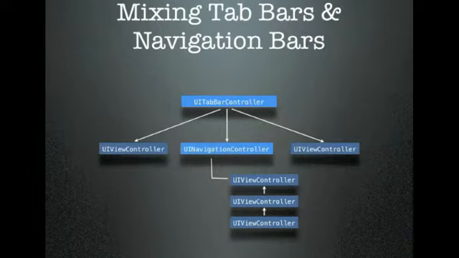A lot of people, it's very common actually, mix tab bar controllers and navigation controllers. And if you do it incorrectly, you'll get some quirky behaviors. This is the intended way of nesting it, where UITabBarController is the root of your entire application, and it contains view controllers. Now, one or more of those view controllers can be navigation controllers. So notice how we have a navigation controller nested inside of a tab bar controller.